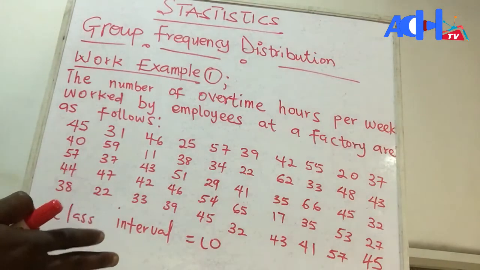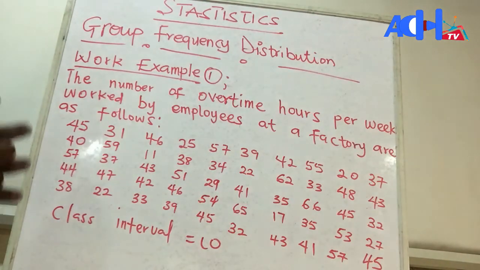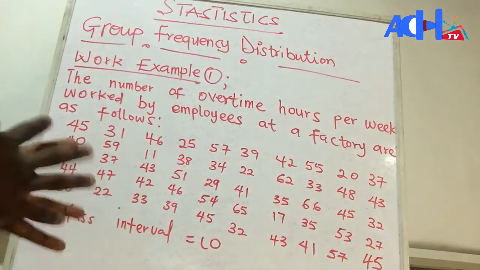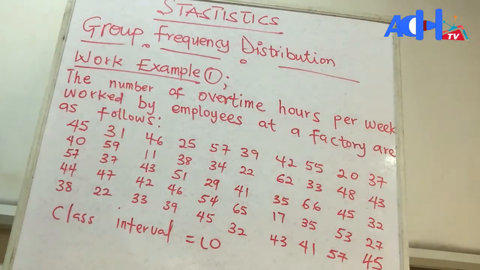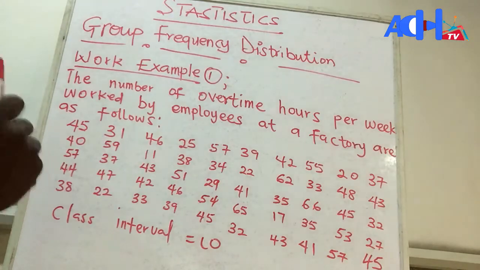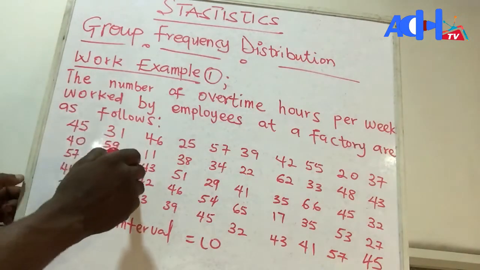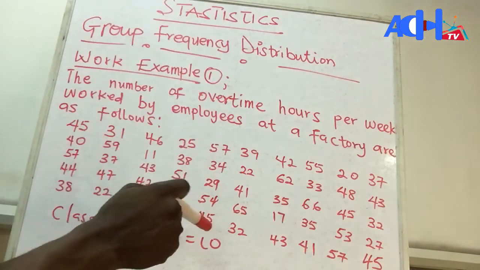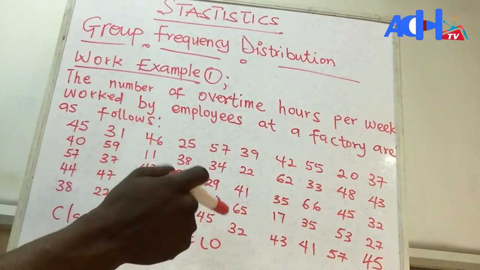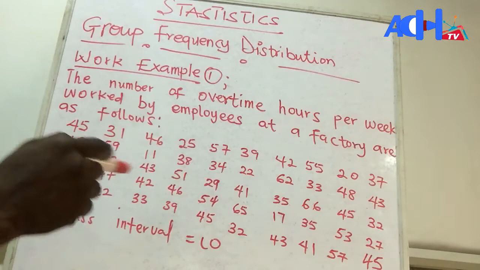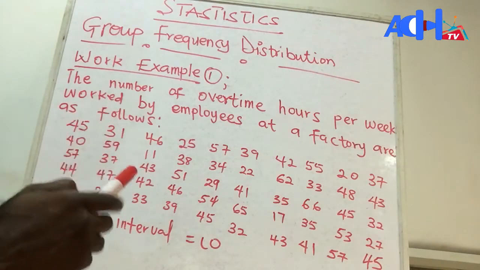So since we have the interval, if you want to put this into a grouped one in a table, this is what you do. You look at the highest value here and then the lowest value here. You divide through by both of them.